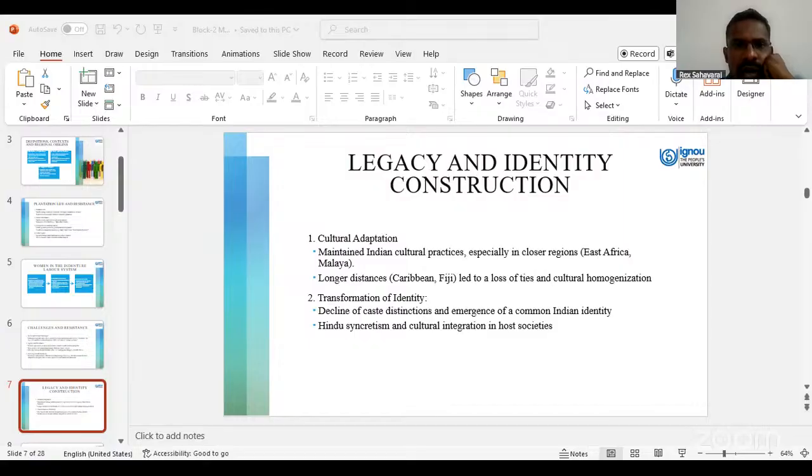Okay, so they become entrepreneurial, or they try to identify themselves as not a coolie, rather they call themselves a middleman, or people involved in the entrepreneurial class.